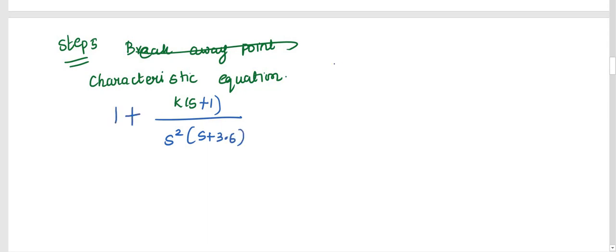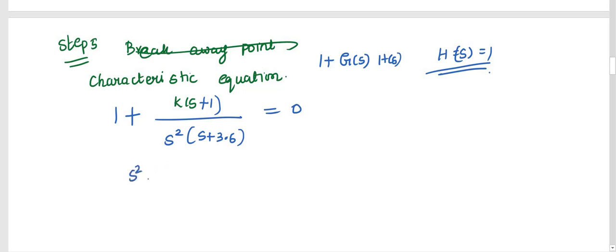1 plus G(s) H(s) is the characteristic equation, and here H(s) is equal to 1, unity feedback. That is equal to 0. So s square into (s plus 3.6) plus k into (s plus 1) equal to 0.